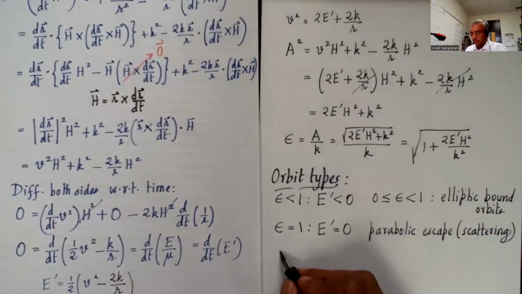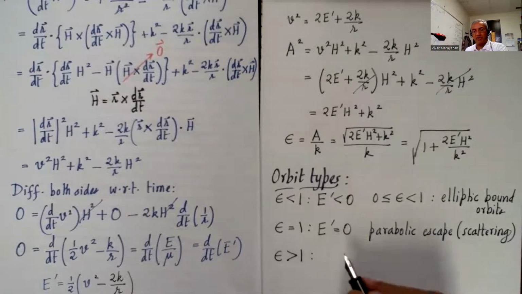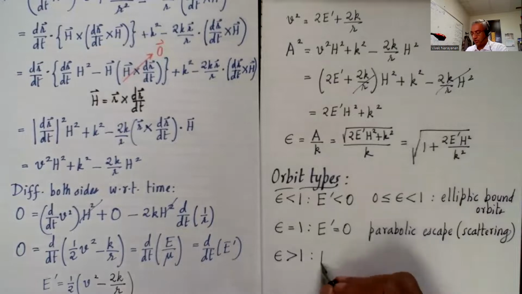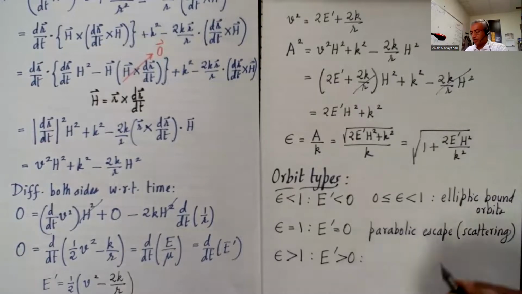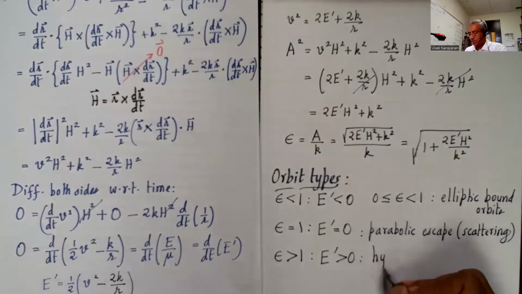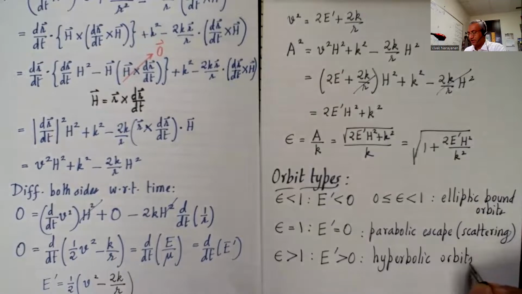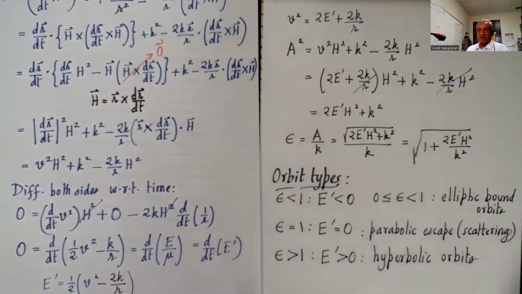And lastly, epsilon bigger than 1. The only way for epsilon to be bigger than 1 is if this quantity is bigger than 0, or E prime must be bigger than 0. These lead to hyperbolic orbits. So we have classified the orbit types.